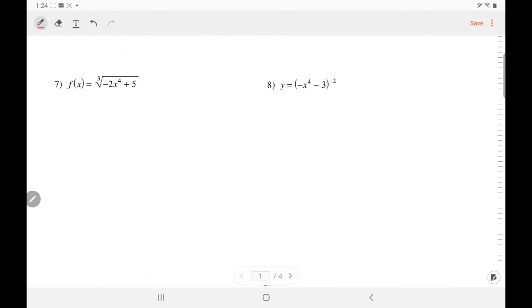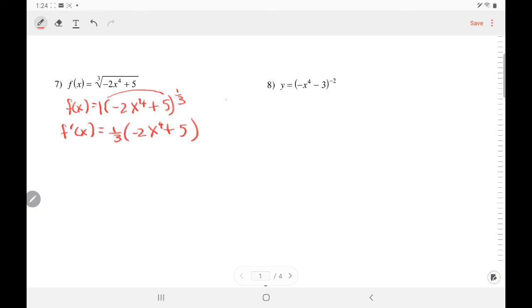We'll practice on number 7. Again, you have to rewrite this in exponential form. Third root is to the power of 1/3. So deriving that, multiply your 1/3 and your 1. So it's 1/3. Inner function stays the same. Subtract the 1/3 by 1.